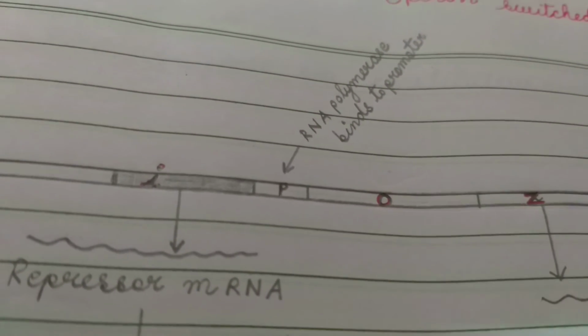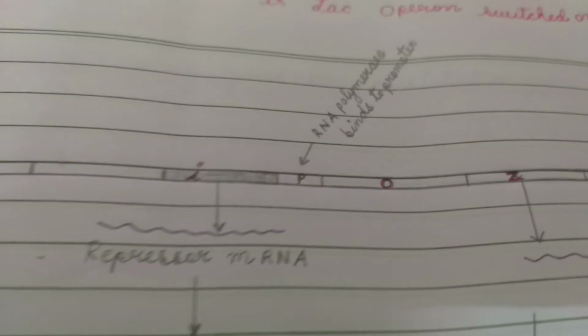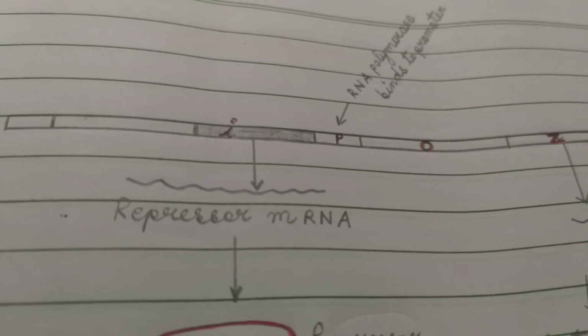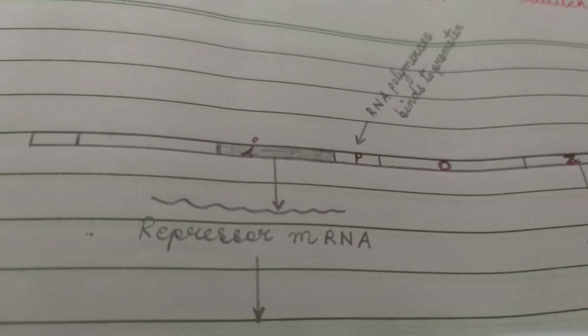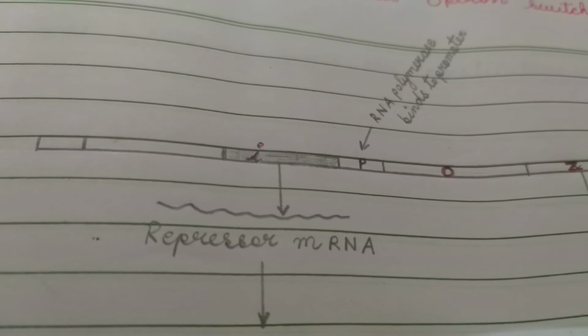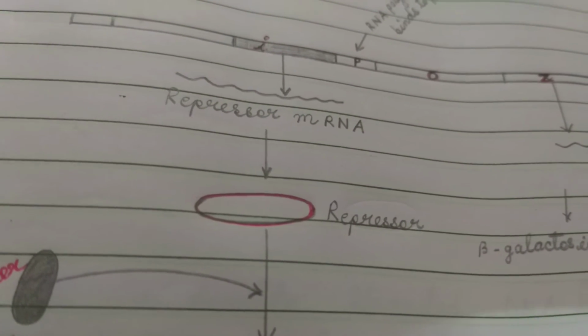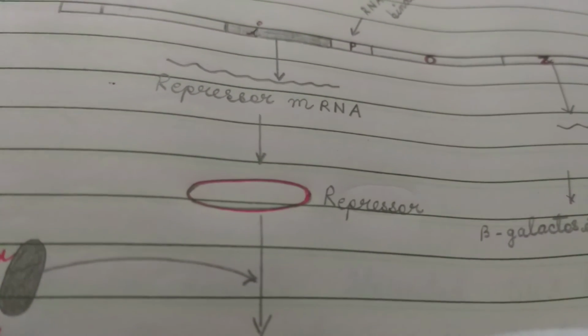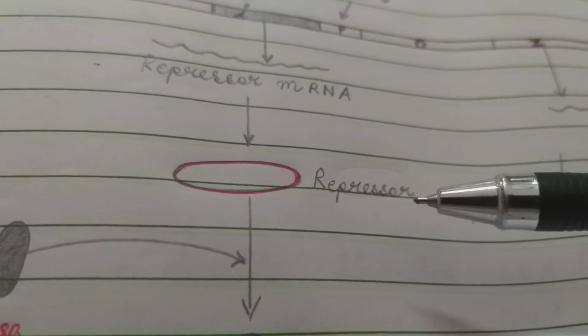The RNA polymerase enzyme binds to promoter gene of regulatory gene i. Regulatory gene i transcribes a piece of messenger RNA which is called repressor mRNA. The repressor mRNA is now translated into a regulatory protein which is called repressor.